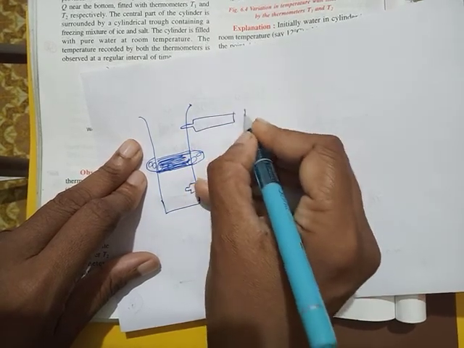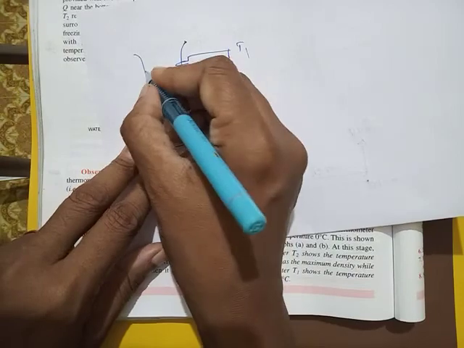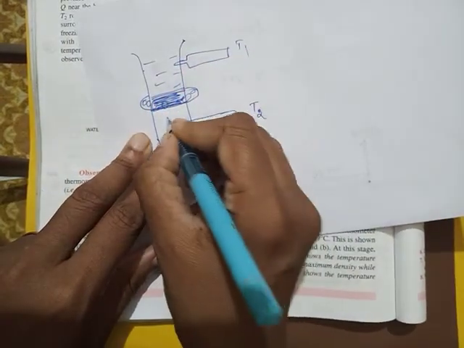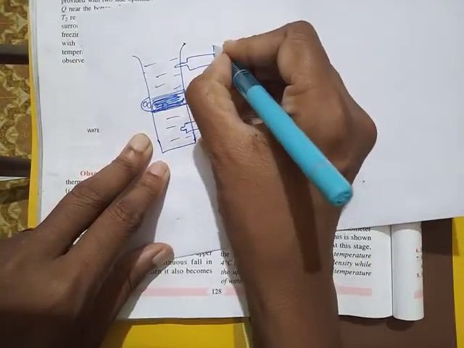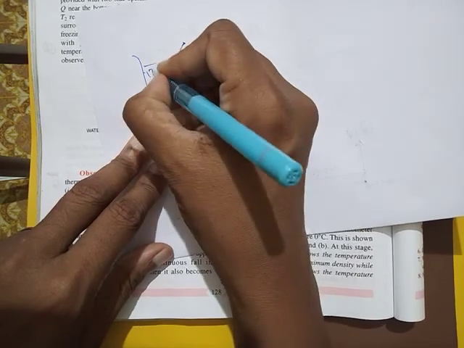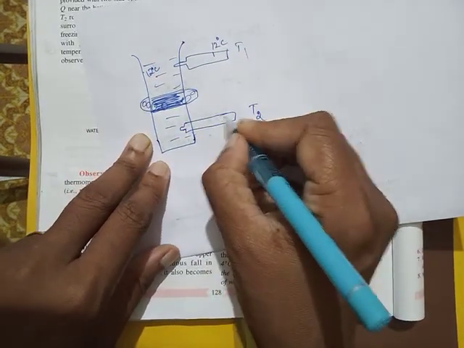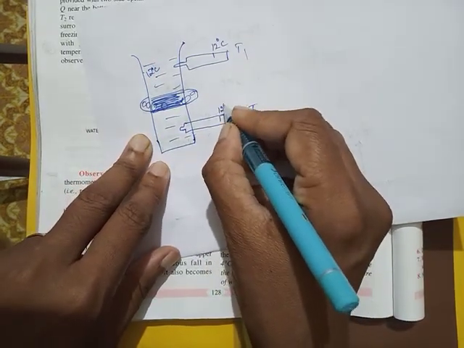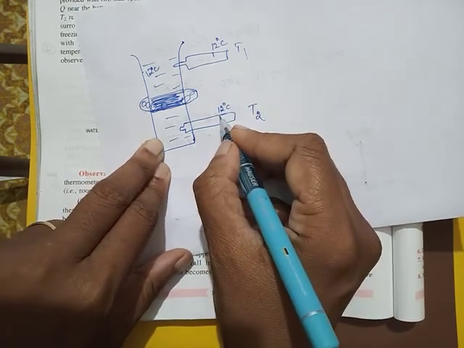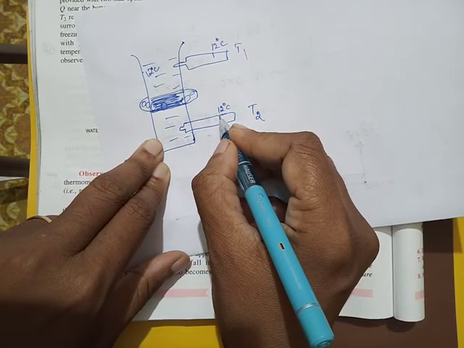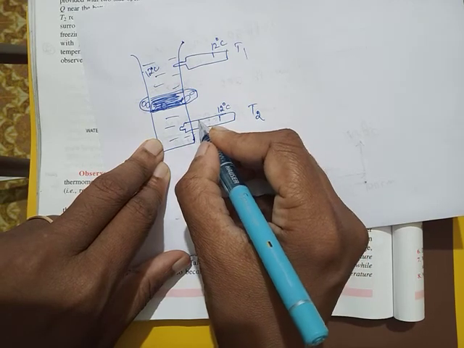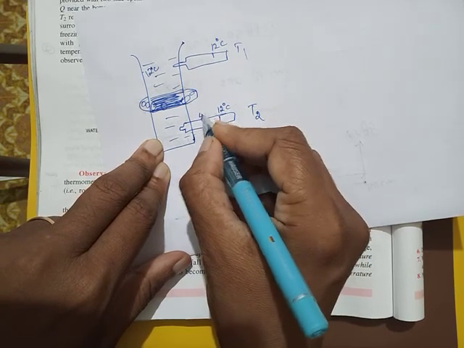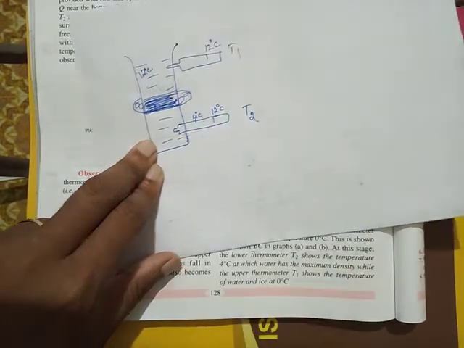Initially both were showing 12 degrees Celsius. This is still showing 12 degrees Celsius because the water we took is at 12 degrees Celsius, but once the experiment started, the other temperature will gradually fall: 12, 11, 10, all that, till 4 degrees Celsius. You can see a quick fall in the temperature.